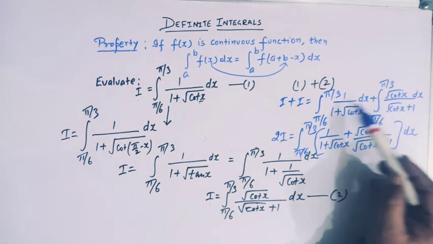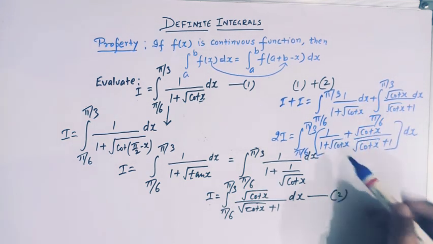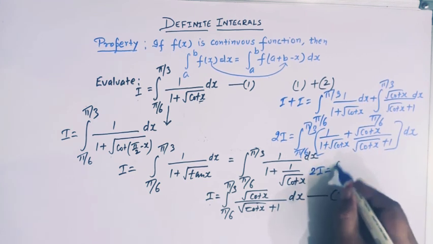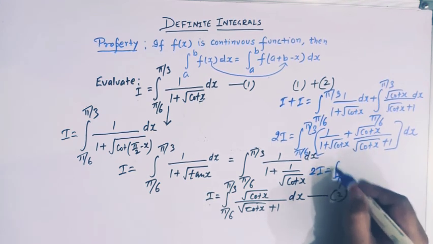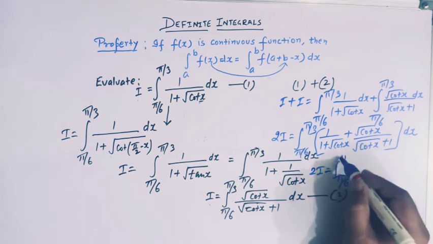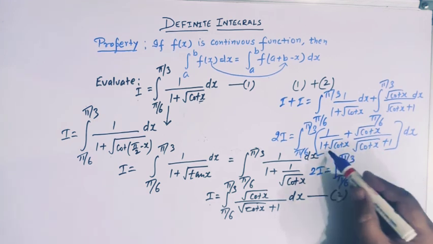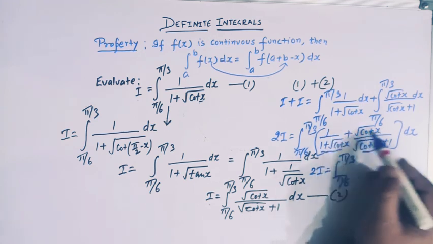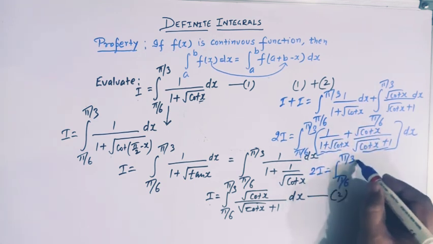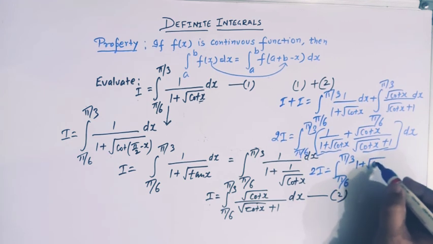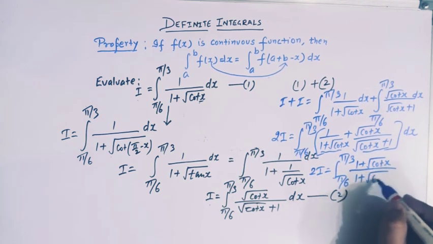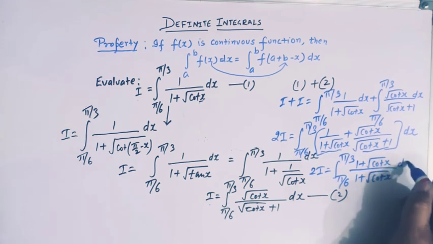So combining these two functions and taking the LCM, we see that this is the integral from pi by 6 to pi by 3, and since this term and this term are the same, we'll simply add the numerators. So we have 1 plus square root of cot x divided by 1 plus square root of cot x dx, right?